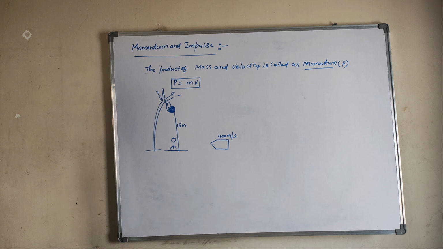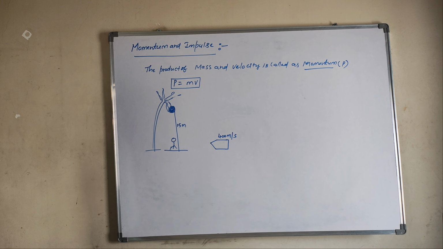The weight of this coconut is 2 kg, and the weight of this bullet is 0.1 gram, with a velocity of 400 meters per second.